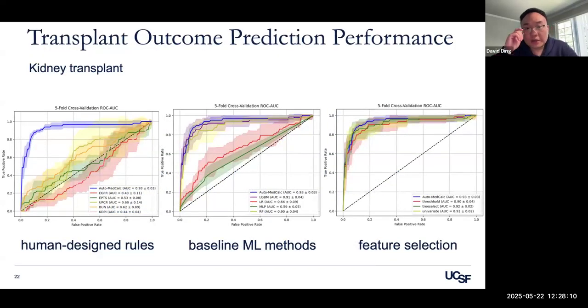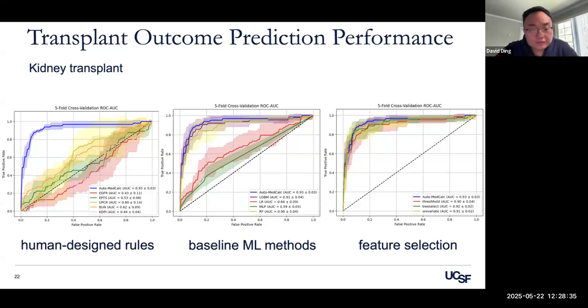And then let's take a look at our results. This is the transplant outcome prediction performance, specifically on rejection diagnosis or rejection prediction after the transplant. Let's first take a look at the results on the kidney transplant. Here we make comparisons against the 3 categories of baselines that we have introduced: human designed rules, baseline machine learning models, and feature selection methods.